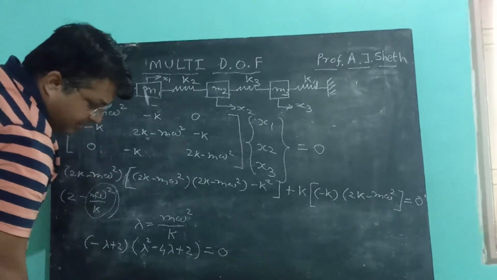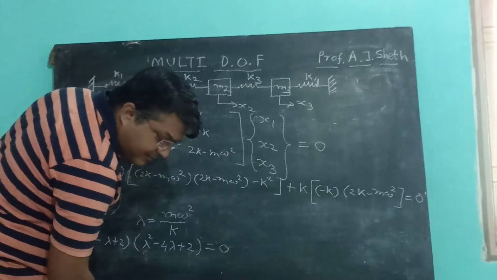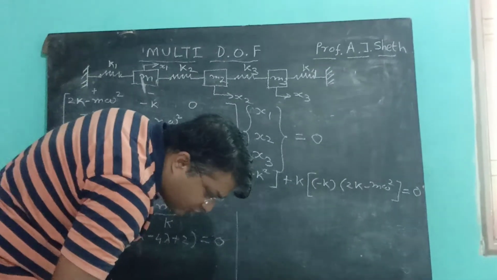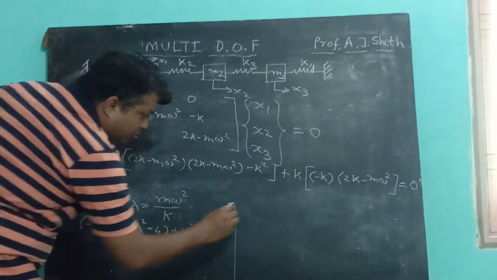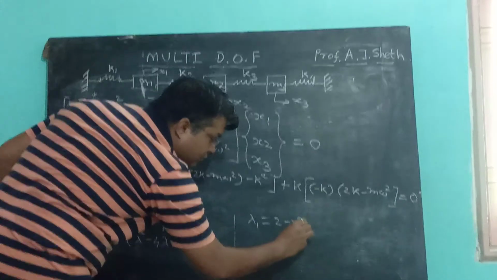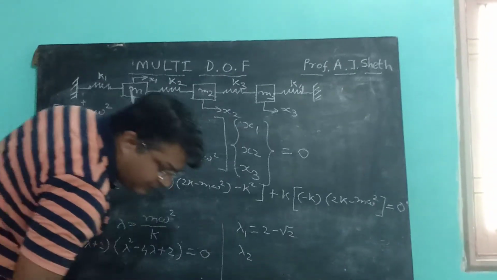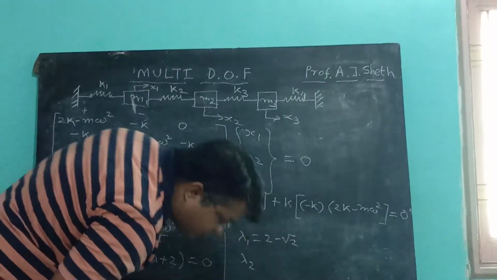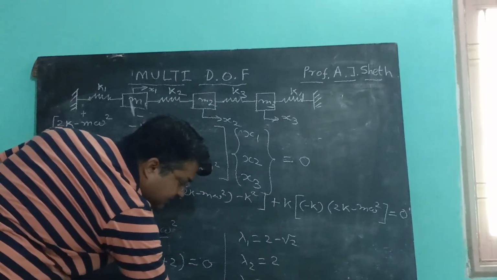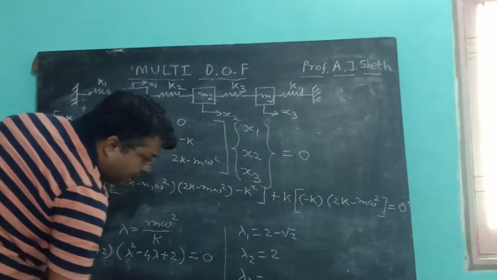And from here we'll get three values of lambda. Lambda 1 is equal to 2 minus root 2. Lambda 2 is equal to 2, and lambda 3 is equal to 3.4142.